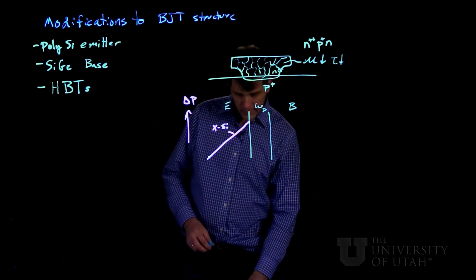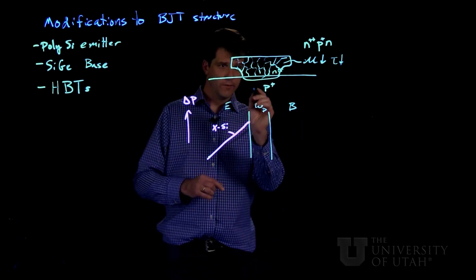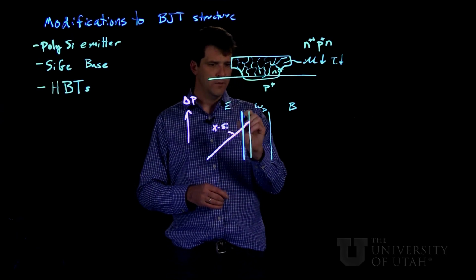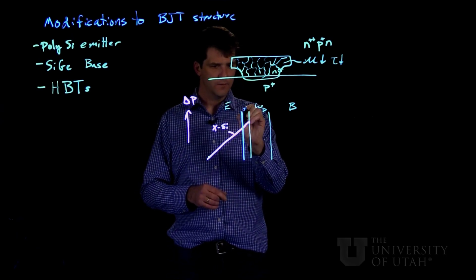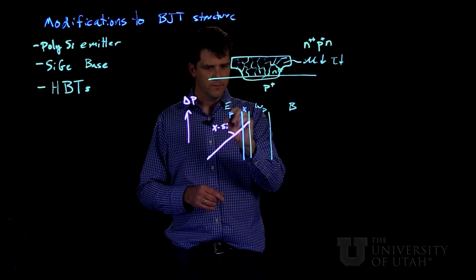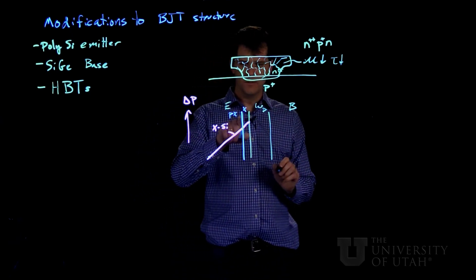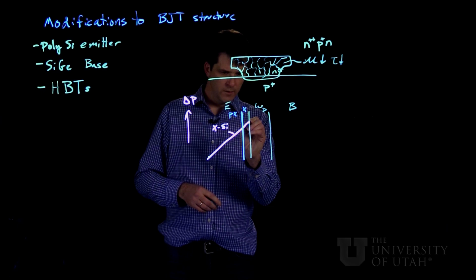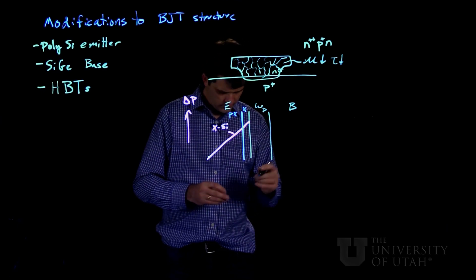Now if we break this emitter into two parts, if we break it into a very thin single crystal region and then a thicker polycrystal region, we'll have something like this instead.